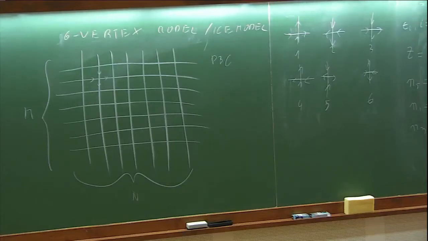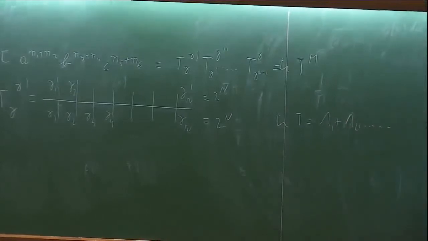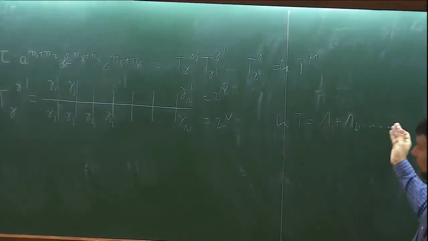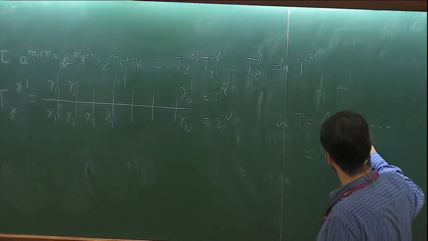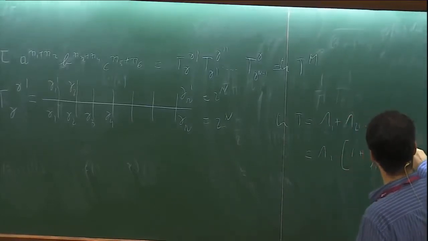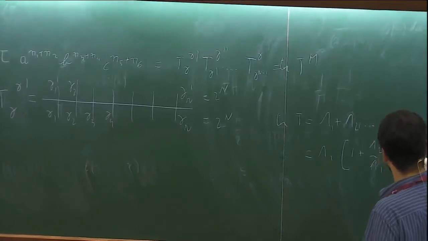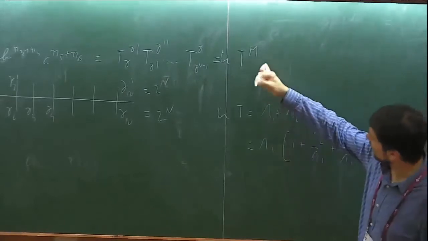So this greatly simplifies my job, because if I can diagonalize the transfer matrix and calculate its eigenvalues, and if I can order the eigenvalues in a descending way, so that this is lambda 1, 1 plus lambda 2 divided by lambda 1 plus lambda 3 divided by lambda 1, and so on and so forth, I can plug this here.